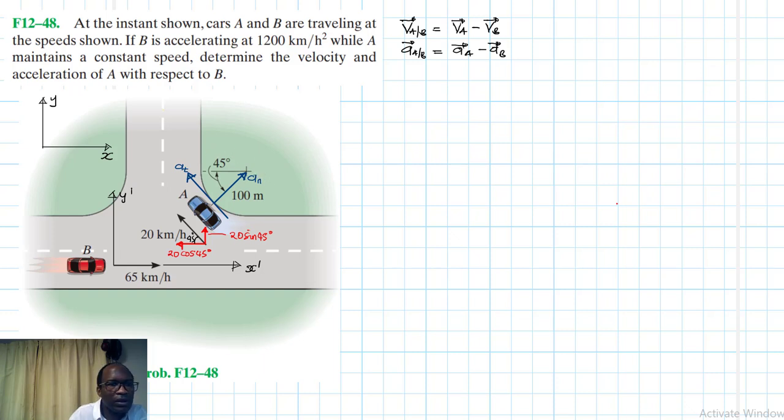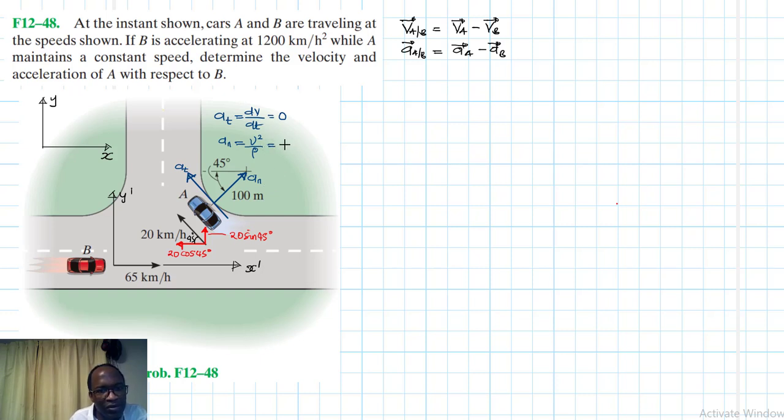So our AT is equal to the change of speed with respect to time, and since the speed is constant, that's what they told us, they said A maintains a constant speed, therefore this acceleration AT is going to be equal to 0, while AN we know is equal to v squared divided by rho, where rho is the radius of curvature.